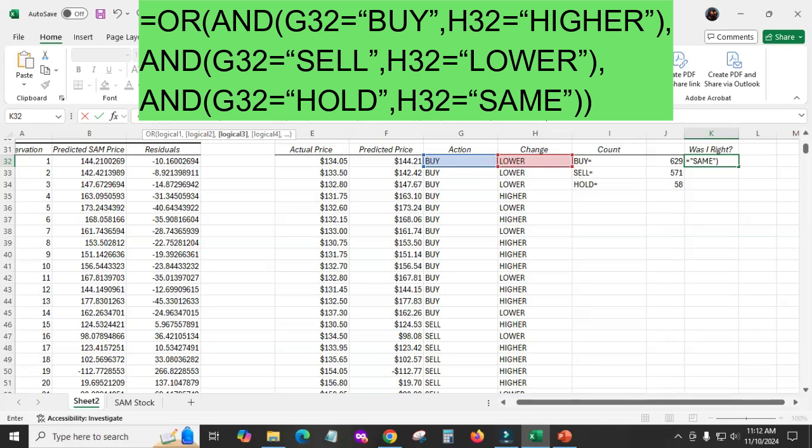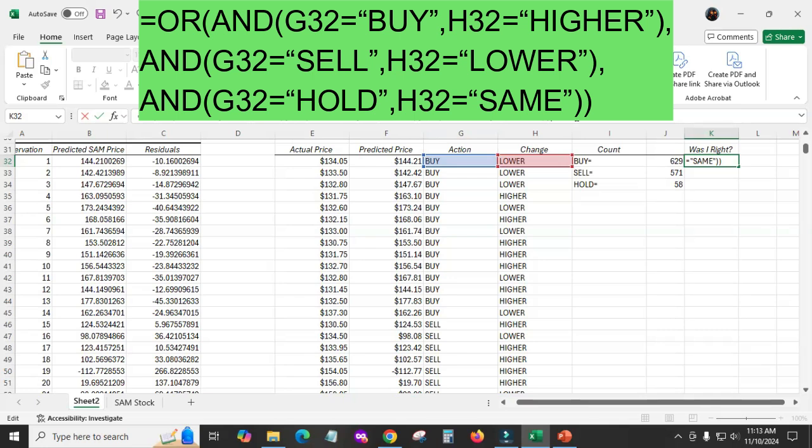So if you get any other combination than buy higher, sell lower, or hold same, any other combination, it's going to be false, or it's going to be negative. Don't forget, you need to close this out with another parentheses, this one right up here, up in the front. Okay, I'm going to leave this up for another second, but hopefully the cadence and the pattern has stuck.